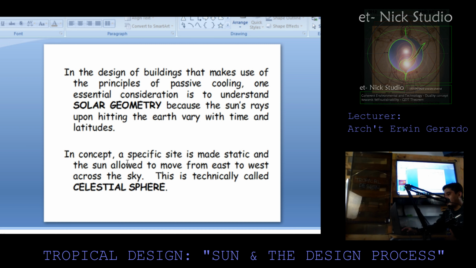In concept, a specific site is made static and the sun allowed to move from east to west across the sky. This is technically called celestial sphere.